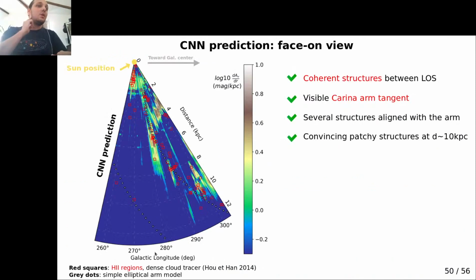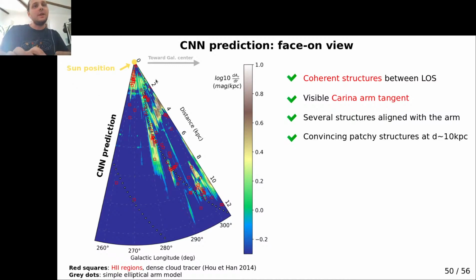And obviously, what is more interesting is the distance prediction from our network. This is a face-on view of the Milky Way. The sun position is here at the center, and the galactic center is toward the right. And this is the average extinction in a small slice of the galactic plane.